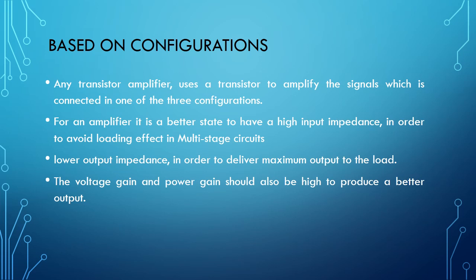For an amplifier, it is better to have high input impedance in order to avoid loading effect in multi-stage circuit, and lower output impedance in order to deliver maximum output to the load. The voltage gain and the power gain should also be high to produce a better output. It means that an amplifier circuit is good if it has high input impedance and low output impedance for better results.